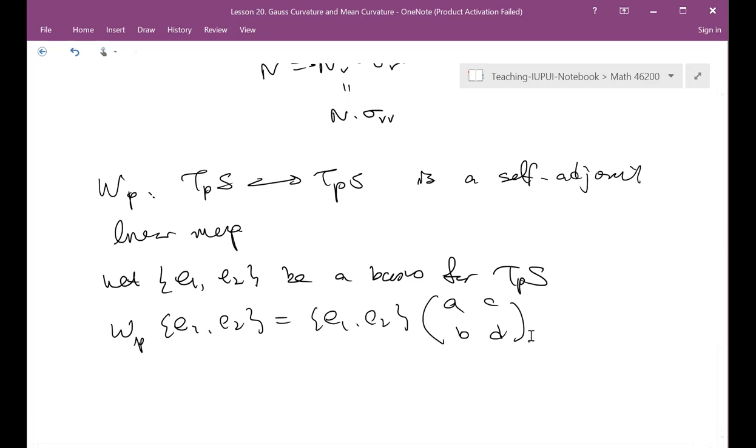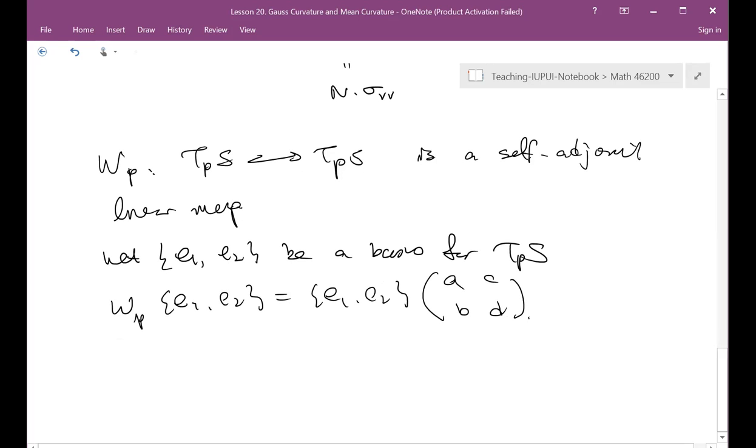If we change the bases, let's see, if this is another basis, E1 prime, E2 prime, then we have a matrix P here.